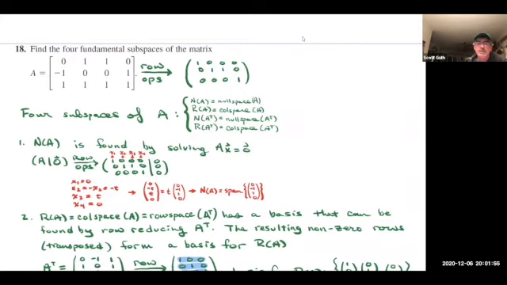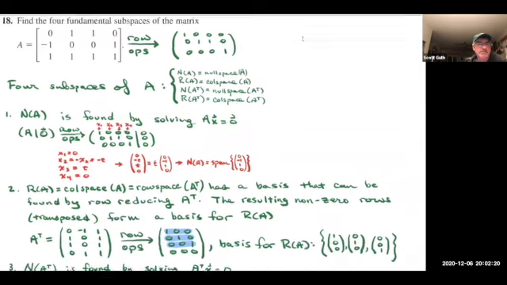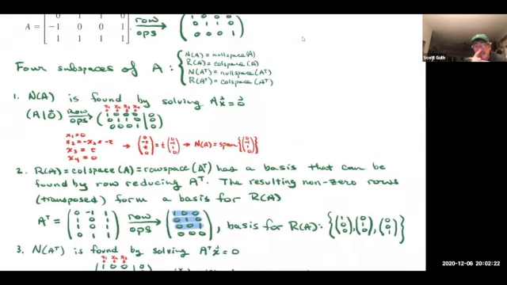The 4 subspaces are just the null space and the column space of both A and A transpose. They use R of A because that's the same as the range of the transformation T of X equals A times X. So the range is the same as the column space. It's just sort of unfortunate that they use these bizarre notations, but there they are.